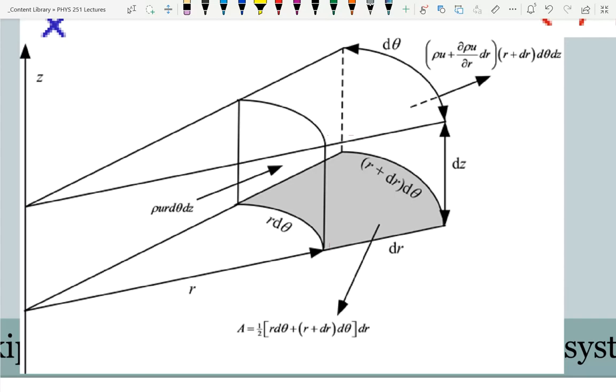So this is not a rectangular figure. But if d theta is small, it becomes closer and closer to rectangular. And remember, when we're doing d, that d means infinitesimal, on the order of 1 over infinity.